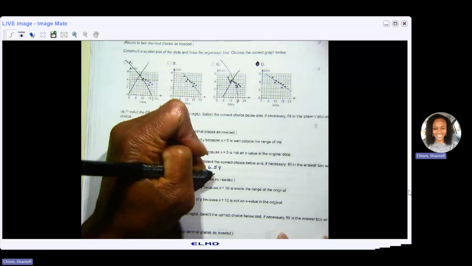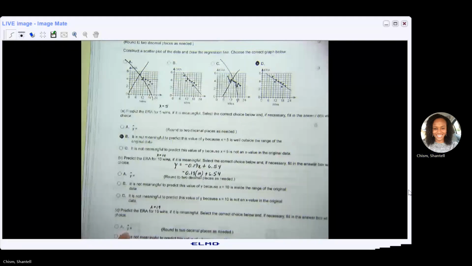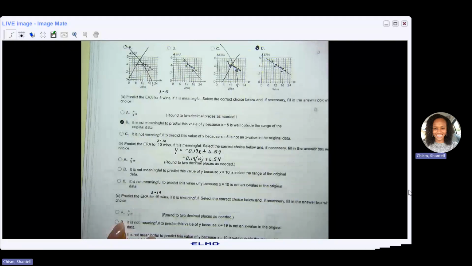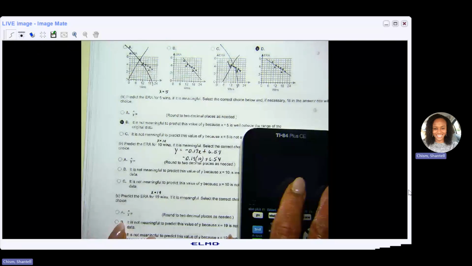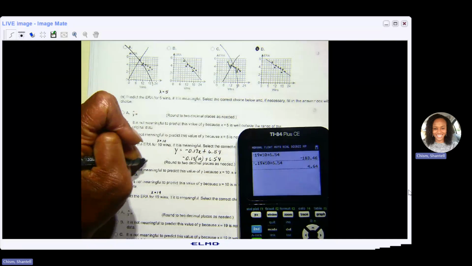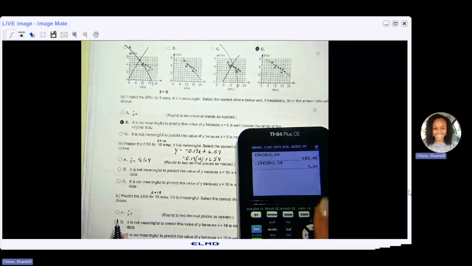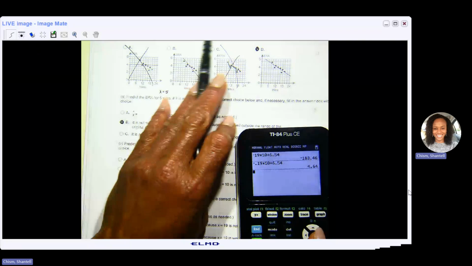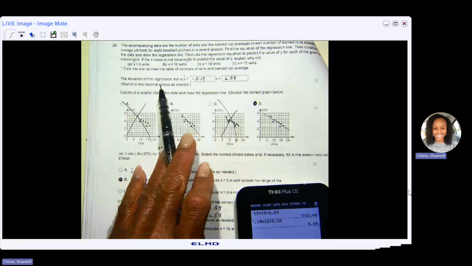And that ends up giving us 4.64. I got 4.64. In the back, they have 4.62. The reason it's a little bit off on the back answer is because they didn't use the rounded values, even though they told us to round it.